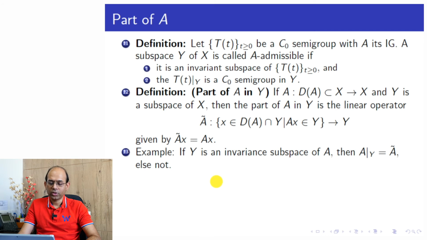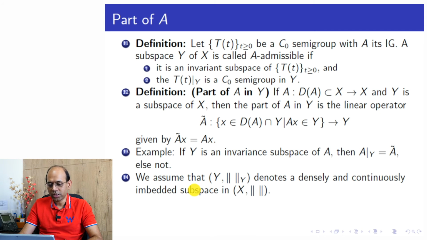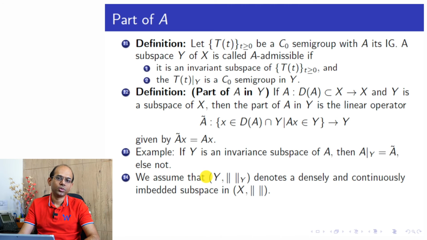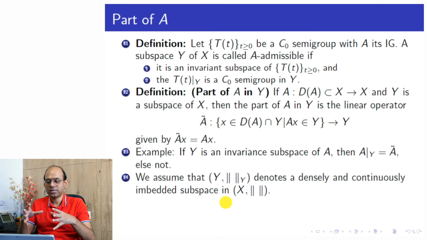Next, we assume that Y denotes a densely and continuously embedded subspace in X. In the above discussion, Y was just some subspace, but from now onward we are going to put a particular condition on Y: that it is a densely and continuously embedded subspace.